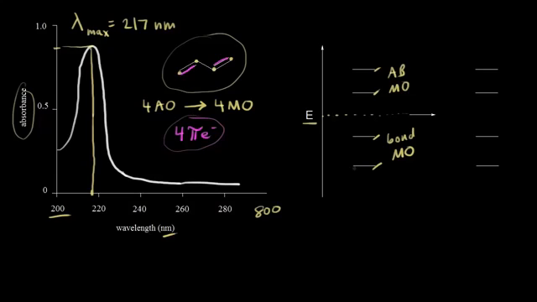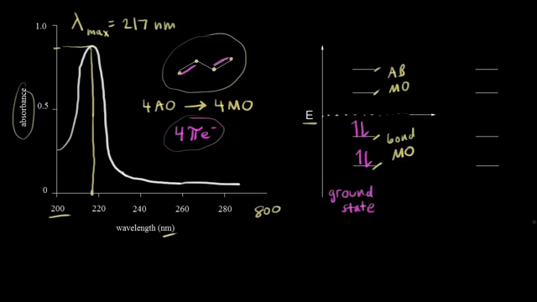So we put 2 into this bonding molecular orbital, with paired spins, and 2 into this bonding molecular orbital. So the 4 pi electrons go into the bonding molecular orbitals in the ground state. So here's the ground state of butadiene.